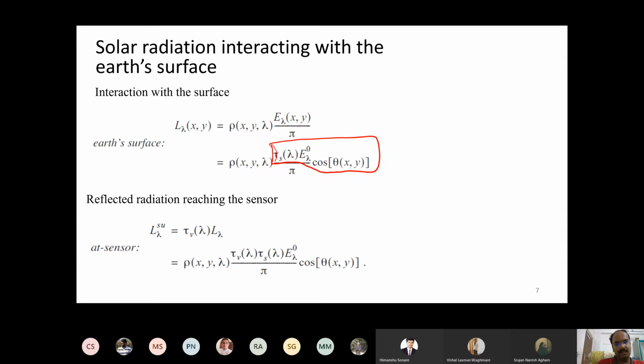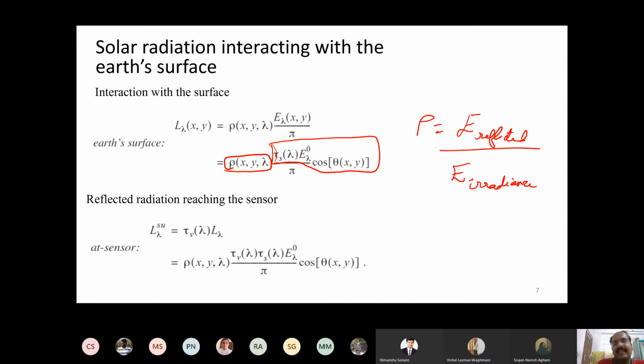We also know what is known as the reflectance term here. Reflectance is defined as the reflected radiant flux density divided by the radiant flux density received by the object of interest.